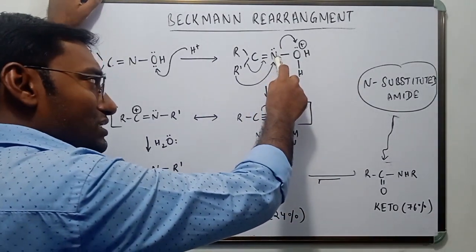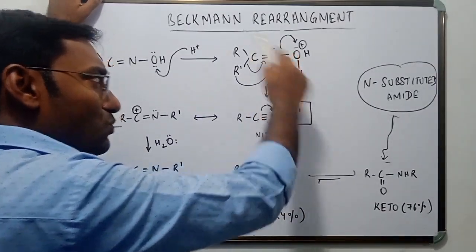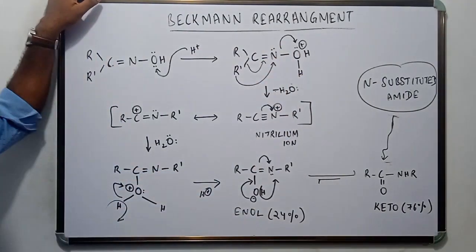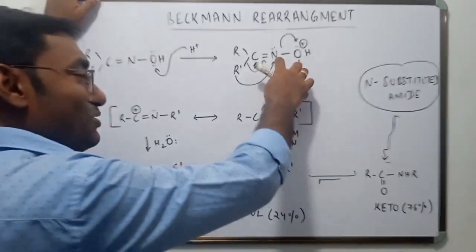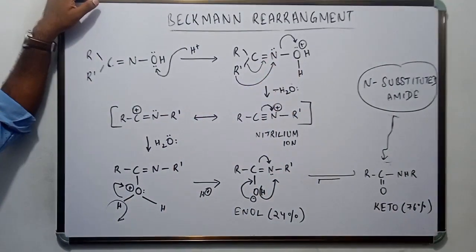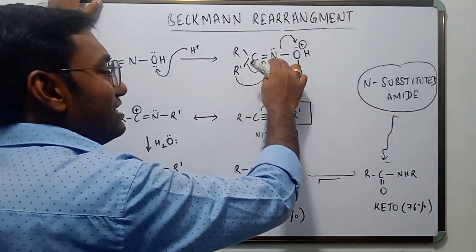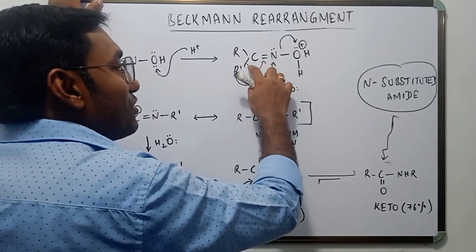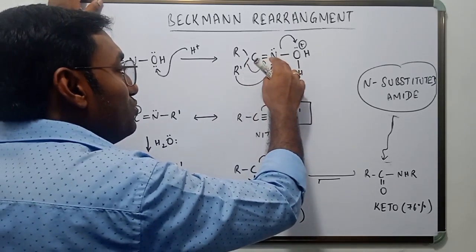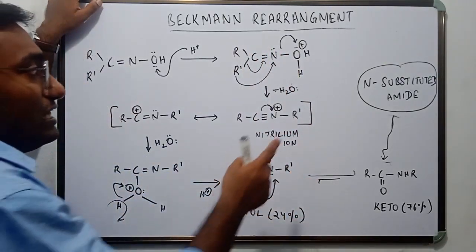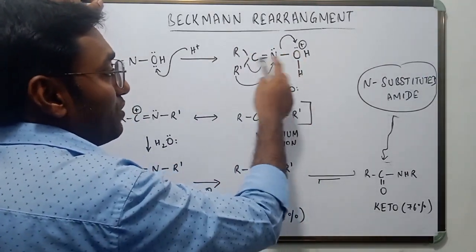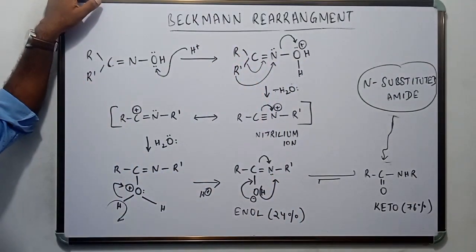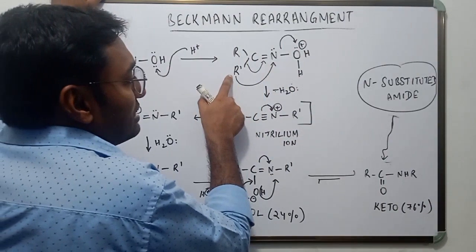Now look at the nitrogen. If it develops a positive charge, what would happen? Nitrogen is electronegative. A positively charged nitrogen atom would be more electronegative. In that case, the nitrogen would attract the adjacent electron pair. And there are two options with the nitrogen. Either it can attract the electron pair from this alkyl group, or it can attract the electron pair from this alkyl group.